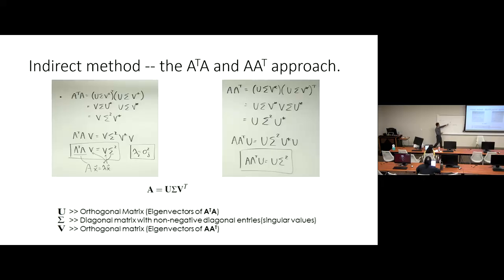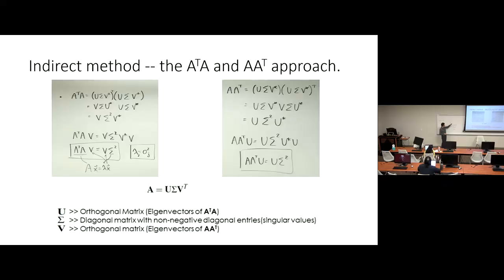Any matrix, whatever shape, if you multiply it by its transpose, it becomes a squared matrix. Or you do it the other way, and this also is a squared matrix. You can try, any matrix, if you do this.